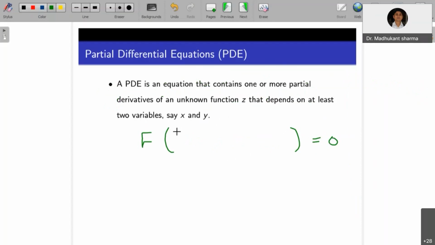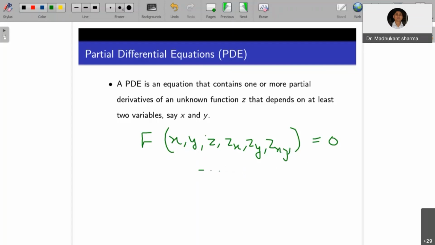The left hand side will be a function of x comma y, and let's take with two variables, x comma y comma z, zx, zy, zxy, and so on.